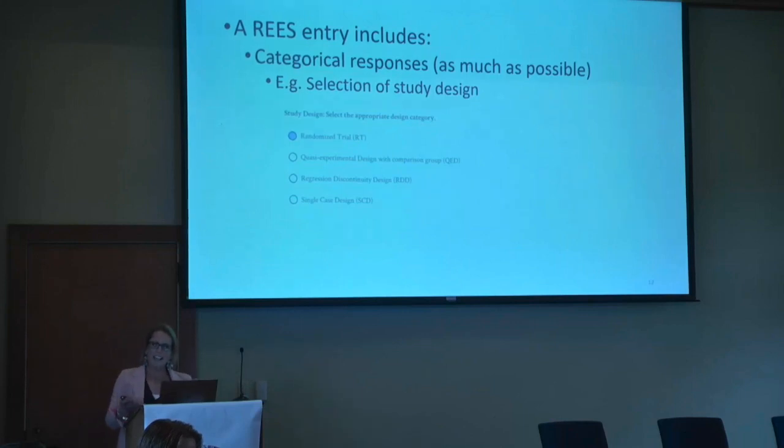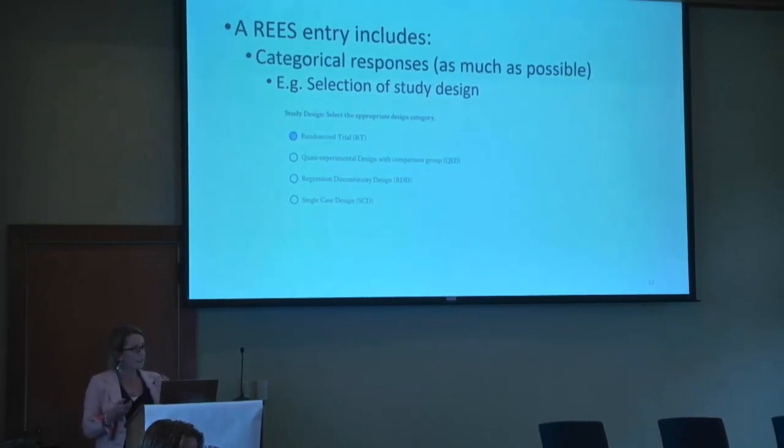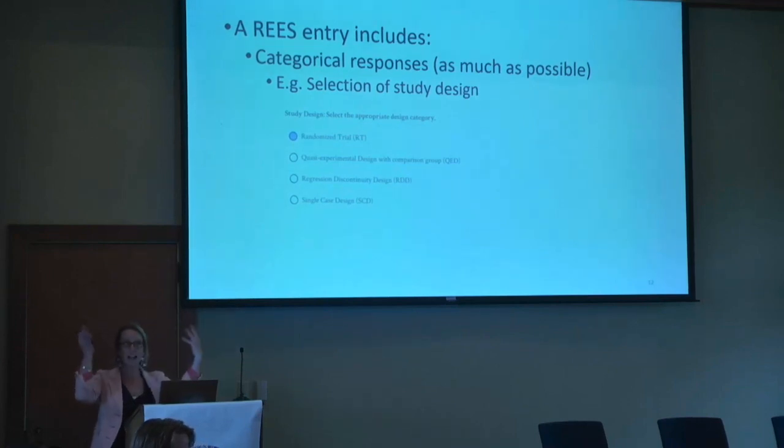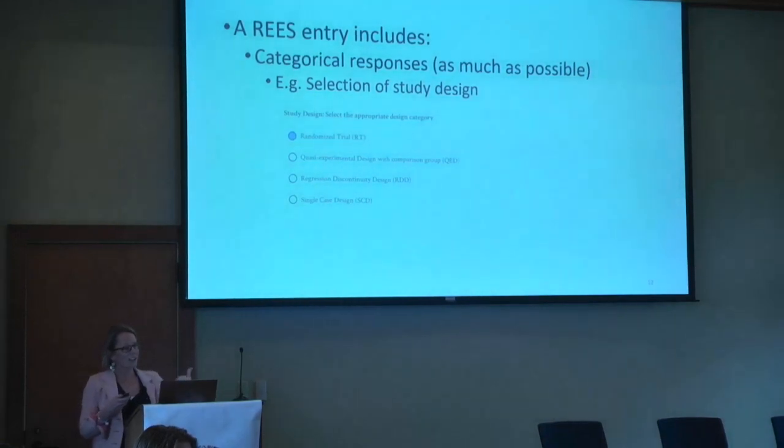So the next very intentional design feature is that we tried to use categorical responses as much as possible. As I mentioned in the study design, under this WWC guise here, we have 4 specific types of designs that we were focused on in impact studies. And so we ask a person to actually select the appropriate design category.